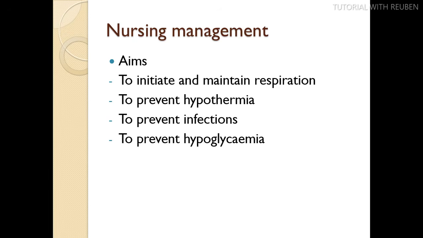Then on the second day, we give 90 ml per kg body weight. On the third day, we give 120 ml per kg body weight. On the fourth day, we give 150 ml per kg body weight. If you've noticed, we are adding 30 ml each day. So that's how we feed the baby through the NG tube.